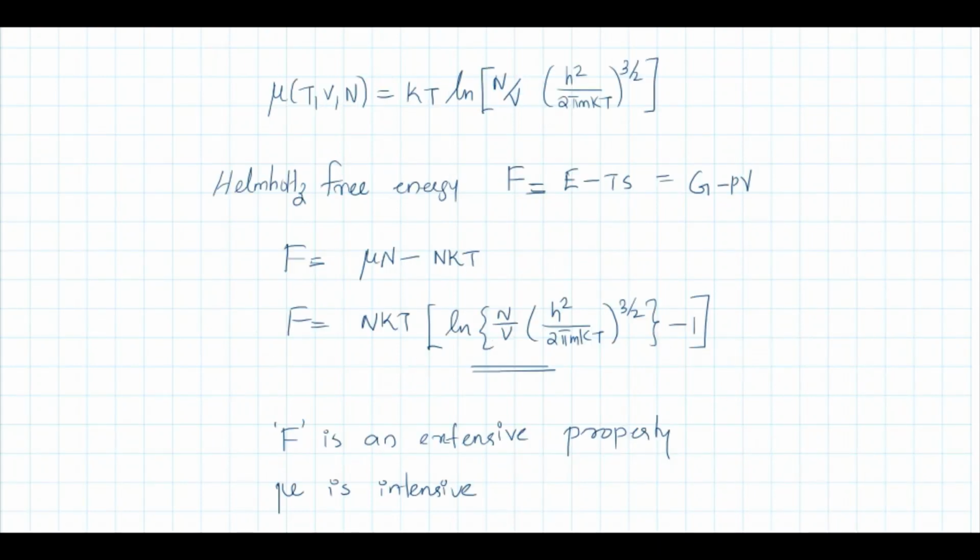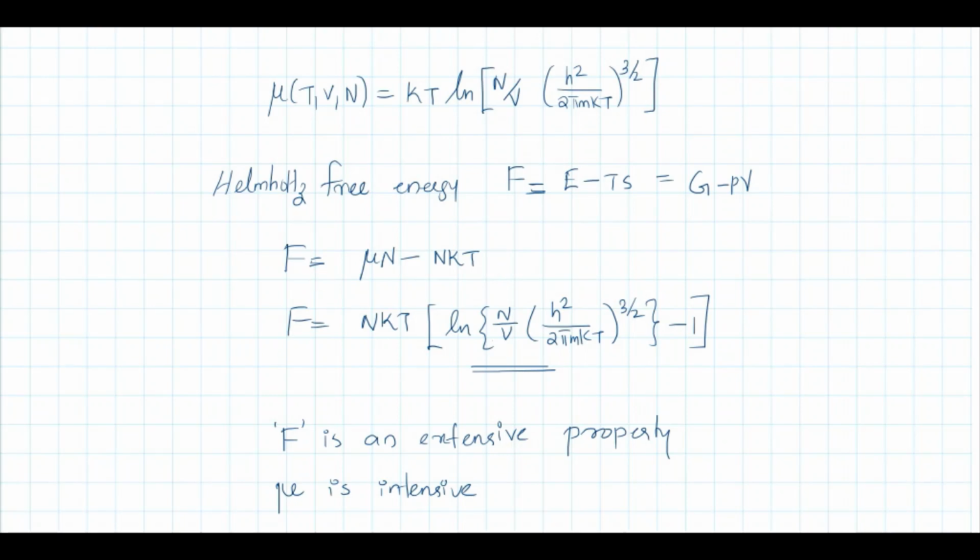You can show that mu of T, V, n, okay, just one step, is kT log of n by V into h square by 2 pi m kT all raised to 3 by 2. Now Helmholtz free energy F is equal to E minus TS, and that is equal to G minus PV, and G is nothing but mu n, PV is nkT using the ideal gas equation.